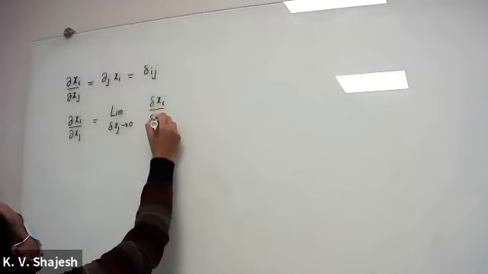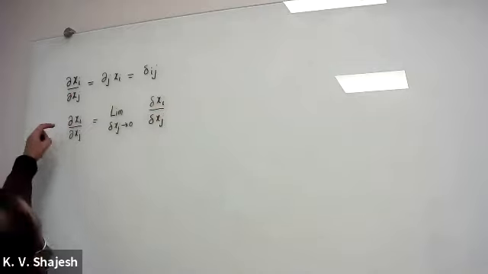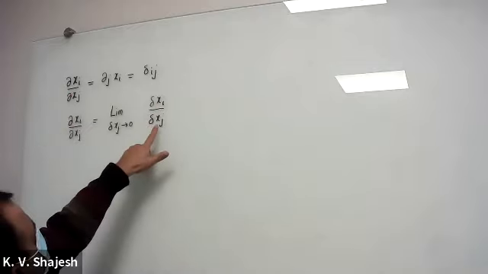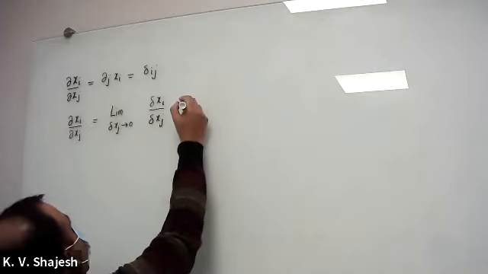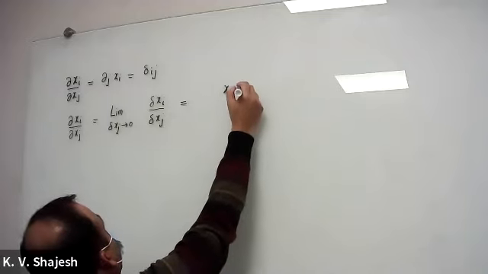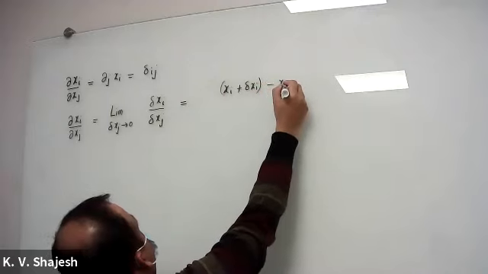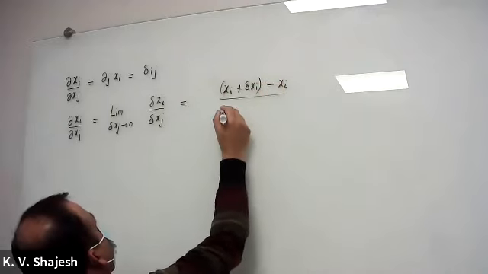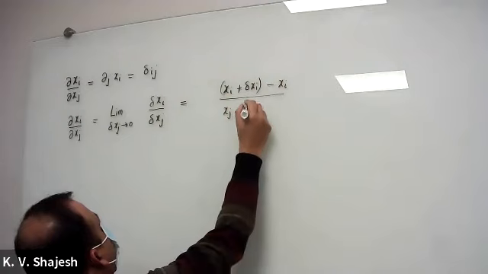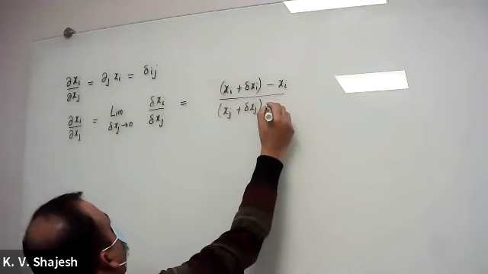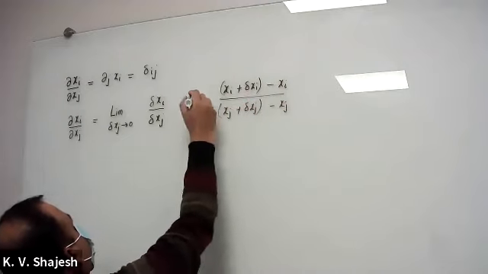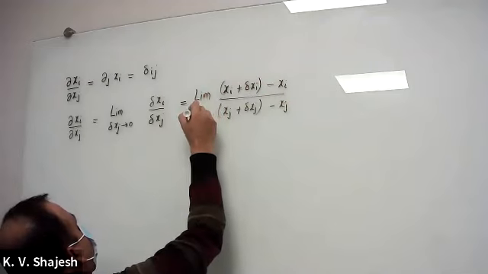This is delta xj. Notice that slight difference. This is partial derivative, and this is a small variation. Right? If you want, this is xi plus delta xi minus xi. And this is xj plus delta xj minus xj. Right? That's what the meaning of that is.